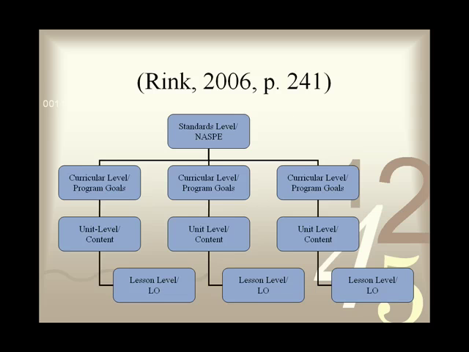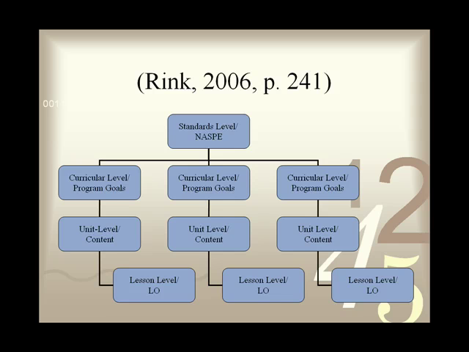Now, Rink on page 241 talks about objectives too. How she breaks all this down is she talks about we have standard level objectives, which in our case is NASP, or we can have federal, or we can have our state level or our district level. For purposes of this lecture, I talk about NASP.